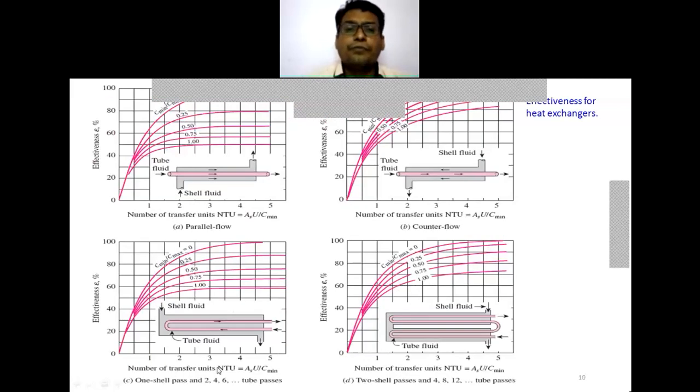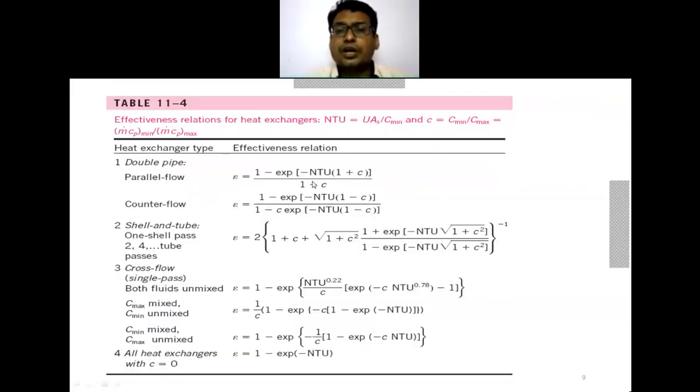Now there are different graphs available, which incorporate the effectiveness epsilon and the number of transfer units for different values of C. So here the three quantities are NTU, C, and the effectiveness.